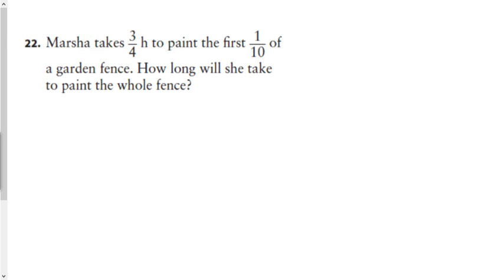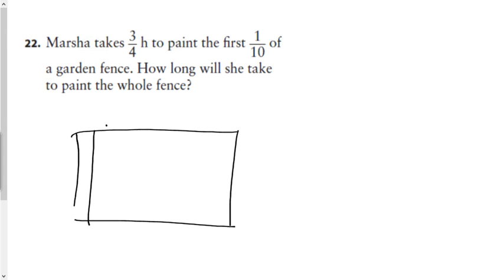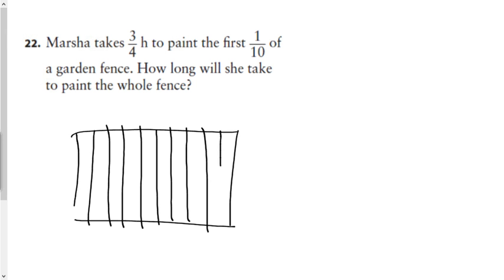Now this one here about Marcia does not work with the operations that we're intending. This one here does not work in terms of division, which it's supposed to. So what I'm going to do here is draw the fence. 4, 5, 6, 7, 8, 9. We have 9 parts to the fence, and 1/10 of that fence, which they are going to be painting a lovely aqua blue here, took Marcia 3/4 of an hour to do.